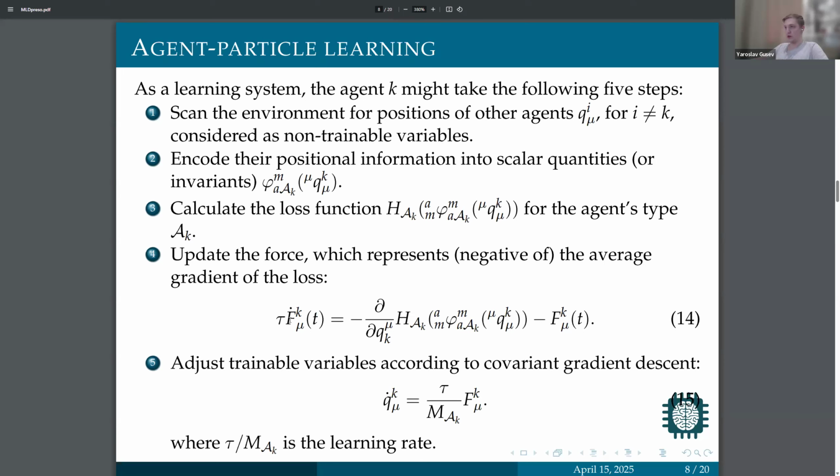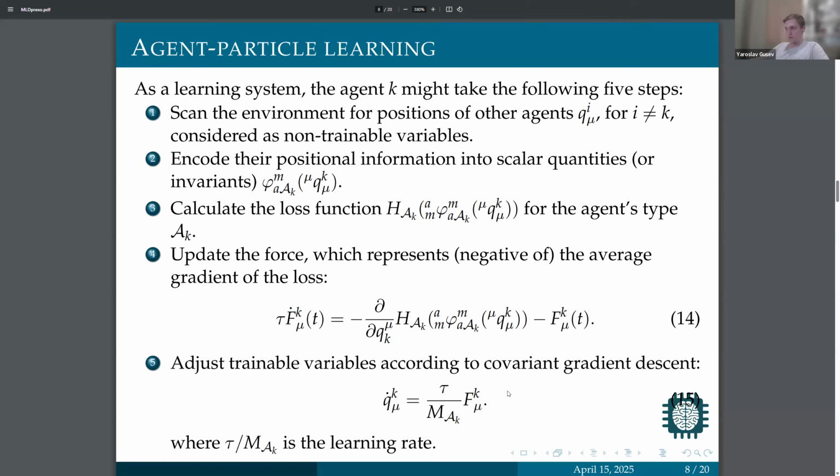So you construct the covariant quantity f, which is an exponential average, and I will show you later how it looks, but it is an average value of the gradient of the loss function. I mean minus gradient, because for the fifth step we need to move according to the gradient descent, and so it's useful to put minus already inside your force, and then you will have this equation 15.